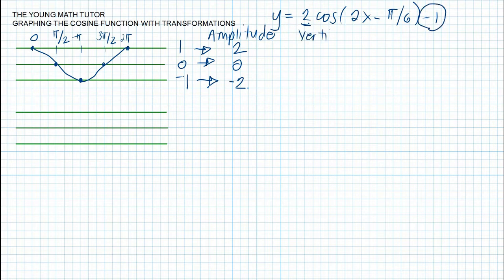Then we have to consider the vertical shift, which is negative 1, so that means we will subtract 1 from this. So that will become 2 minus 1, 1, and then 0 minus 1 is negative 1, and then negative 2 minus 1 is negative 3. So that means that this will be the new values of our function. So it will range from 1 to negative 3.